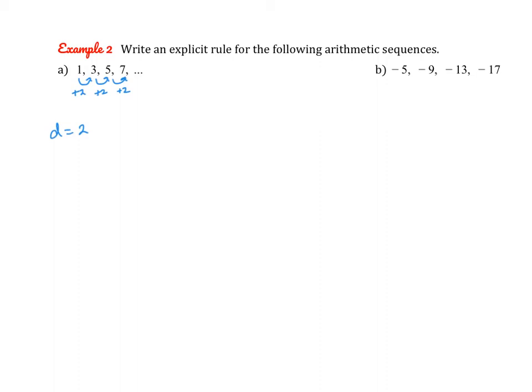So this is arithmetic, so we can make the explicit rule using the formula we just learned. Again, we have already found our common difference. I can see that a sub 1 is 1. You can see the first term in our sequence is 1. Now we just need to plug it into our formula.